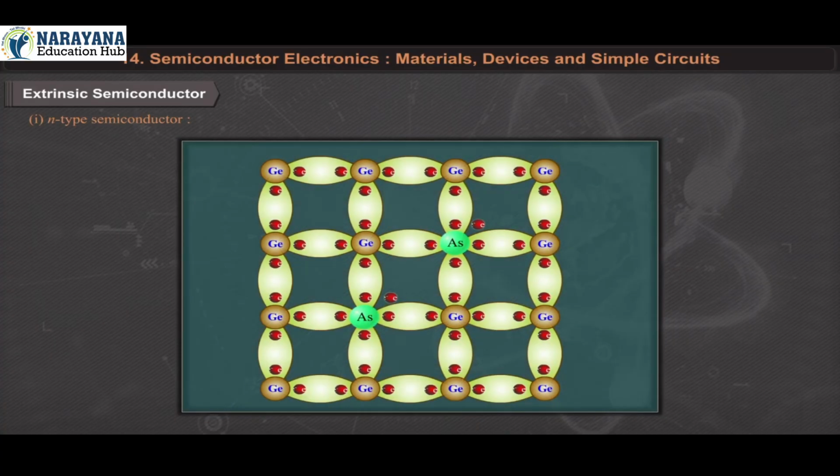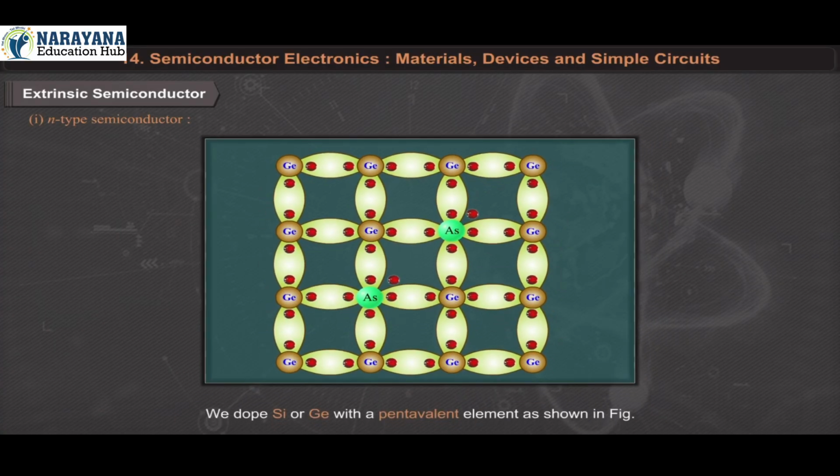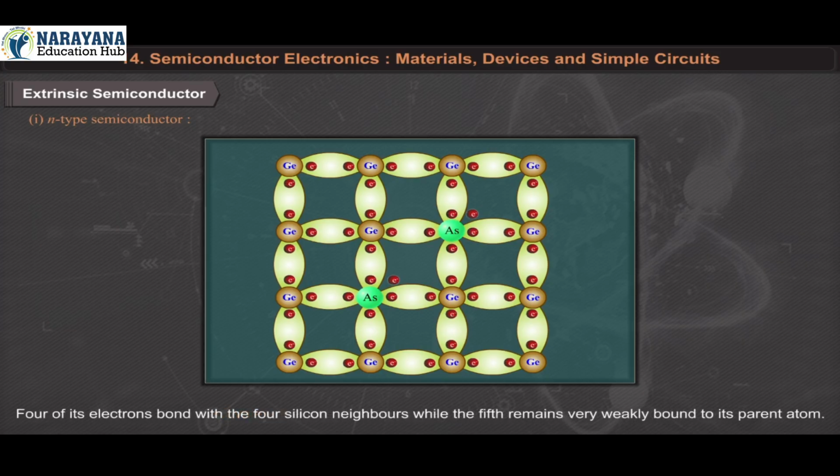Number 1, N-type semiconductor. We dope silicon or germanium with a pentavalent element, as shown in the figure. When an atom of +5 valency element occupies the position of an atom in the crystal lattice of silicon, 4 of its electrons bond with the 4 silicon neighbors, while the fifth remains very weakly bound to its parent atom.